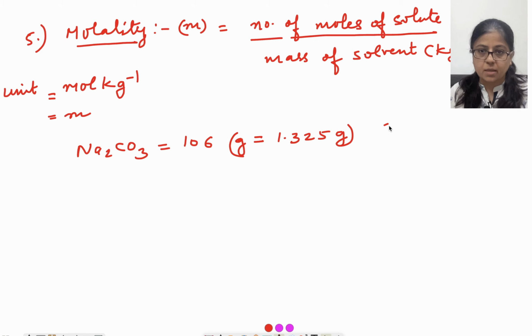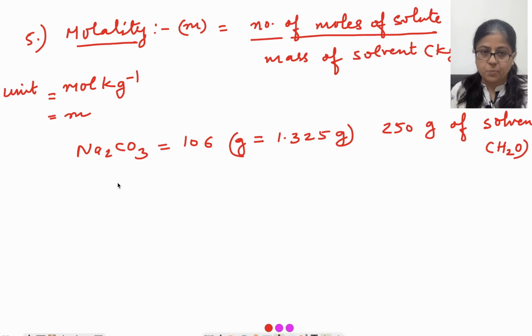It is dissolved in 250 gram of the solvent, which is water. Then calculate the value of molality, small m. How will you calculate the value of molality here? Let us see.